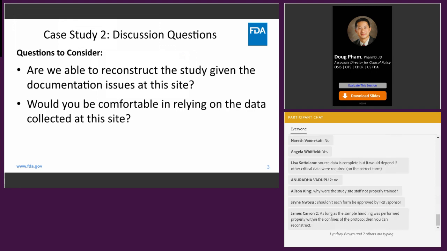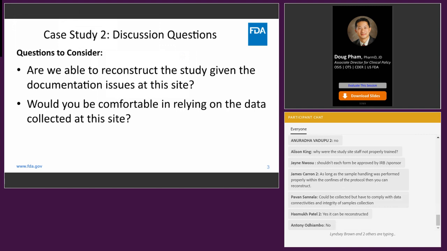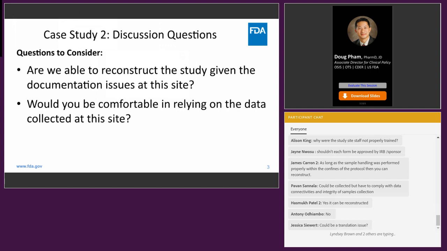But by doing so, there are some issues. So going back to the first question, in this case study, could you reconstruct the study?